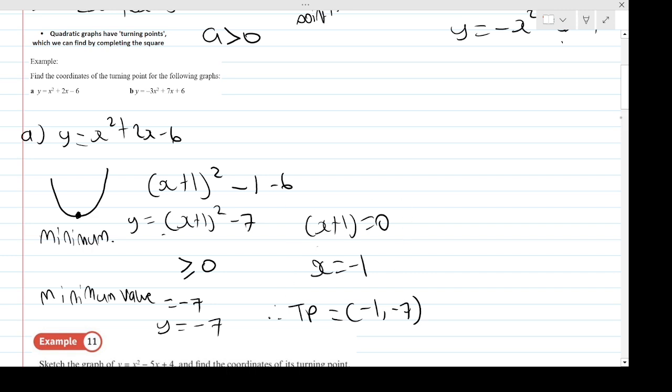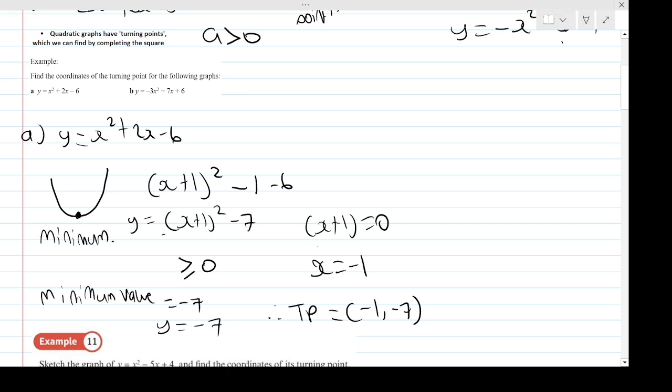When you set the bracket to 0, x has to be -1, such that -1 add 1 gets us 0. Then, when the whole bracket's 0, the minimum y value is just the number at the end, it's -7, which is what we've got there. And so therefore we can very quickly obtain the turning point once you complete the square.